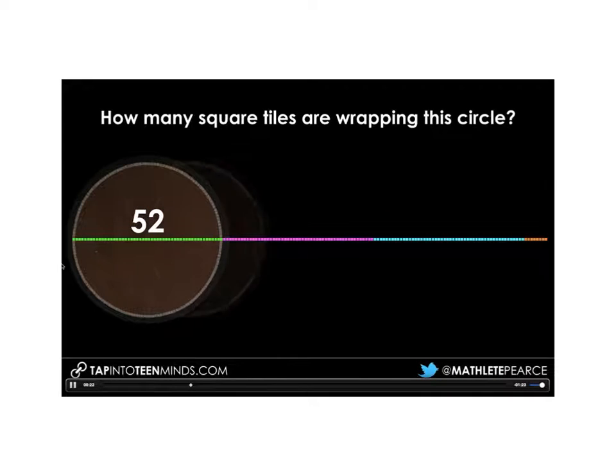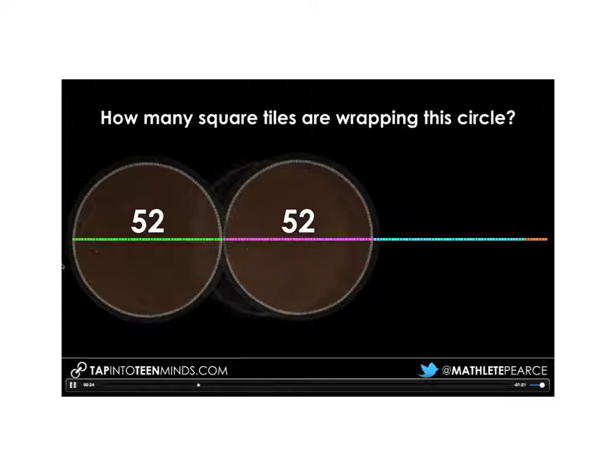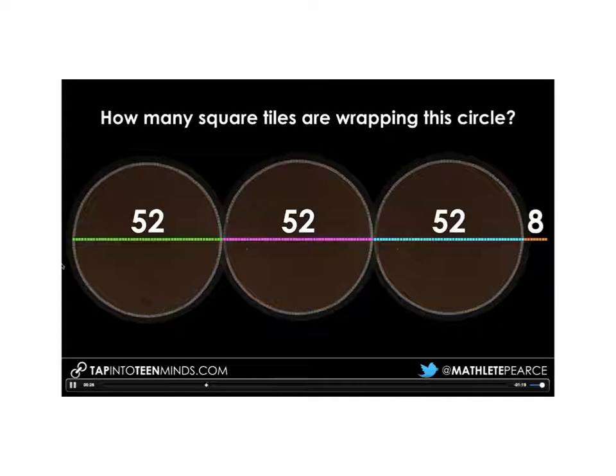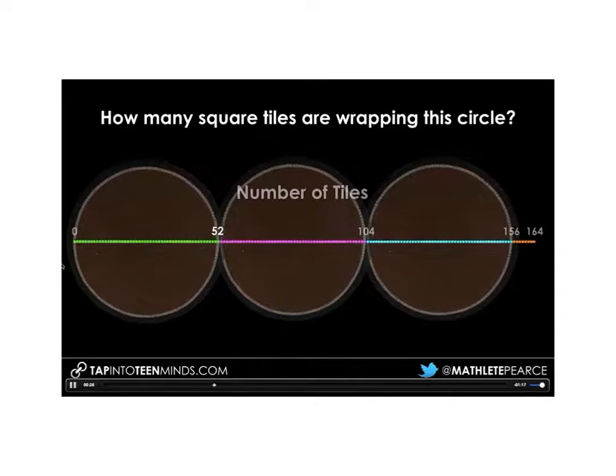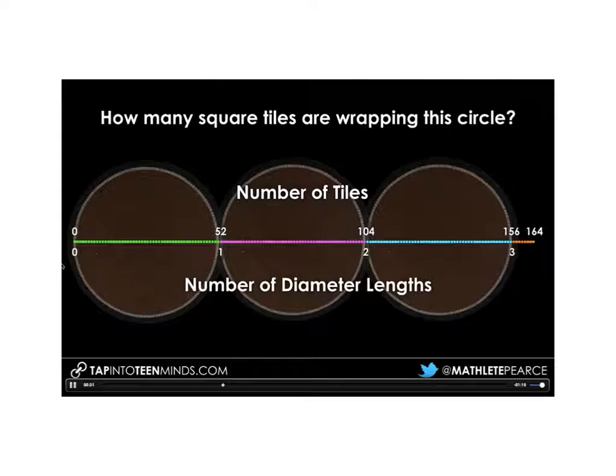So we can see that kind of played out. So it goes around, it tells us approximately 3.14 times. So 3 full times and part of another time.